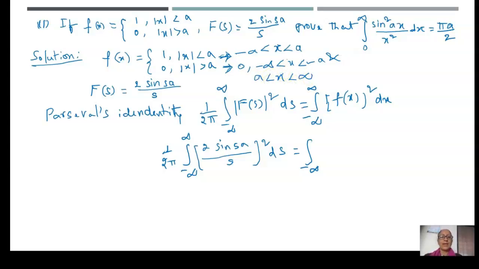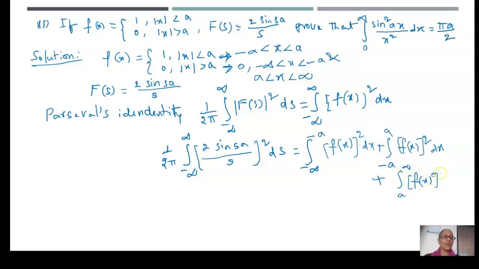So on the right hand side we can split this integral into three integrals: minus infinity to minus a, plus minus a to a, plus a to infinity of f(x) whole square dx.